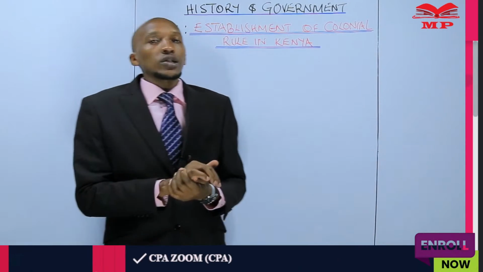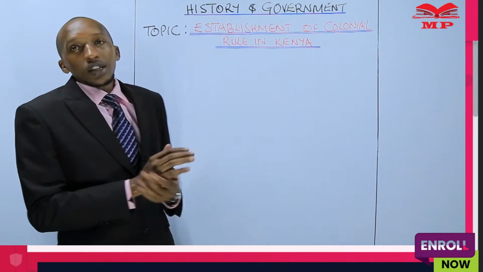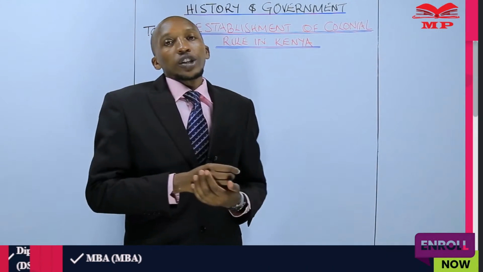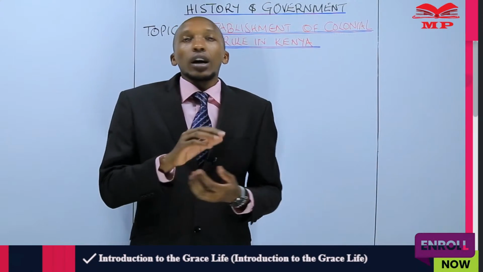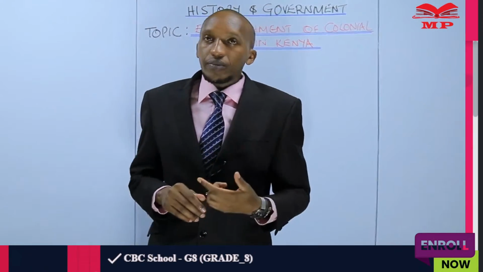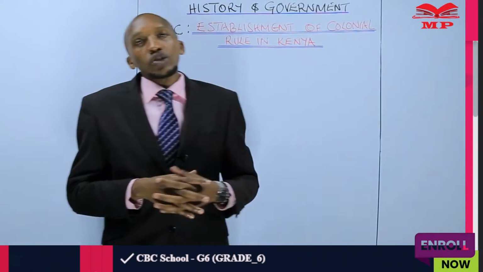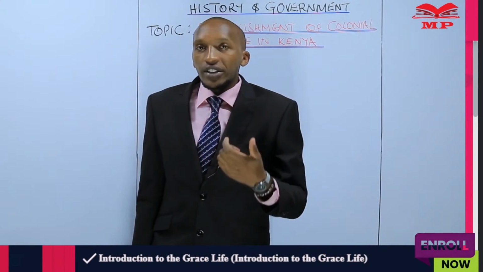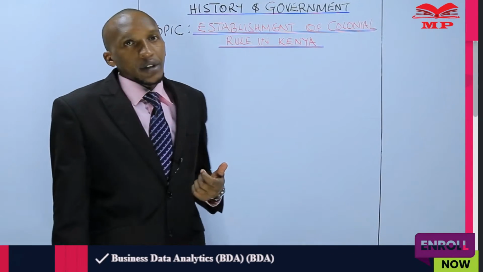In this unit, we are going to dwell more into the establishment of colonial rule in Kenya. In the previous topic that you have studied, we were learning about the European invasion and the process of colonization of Africa.